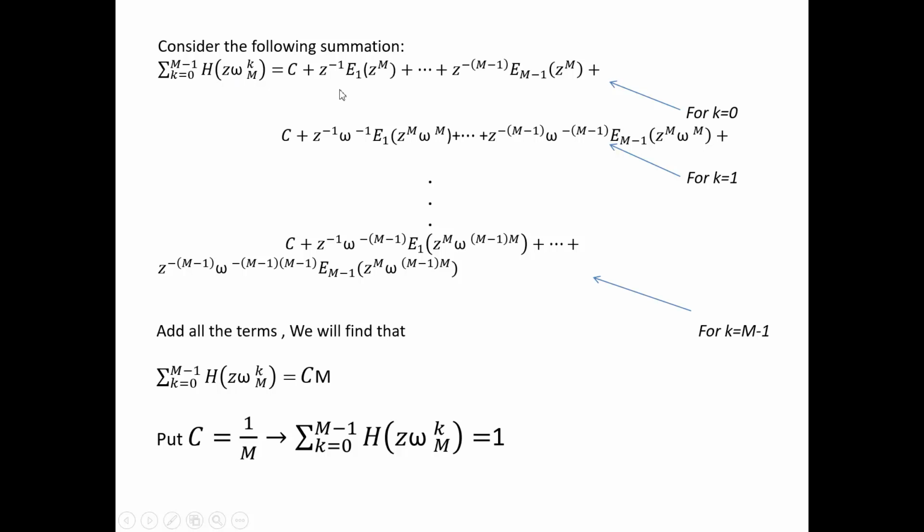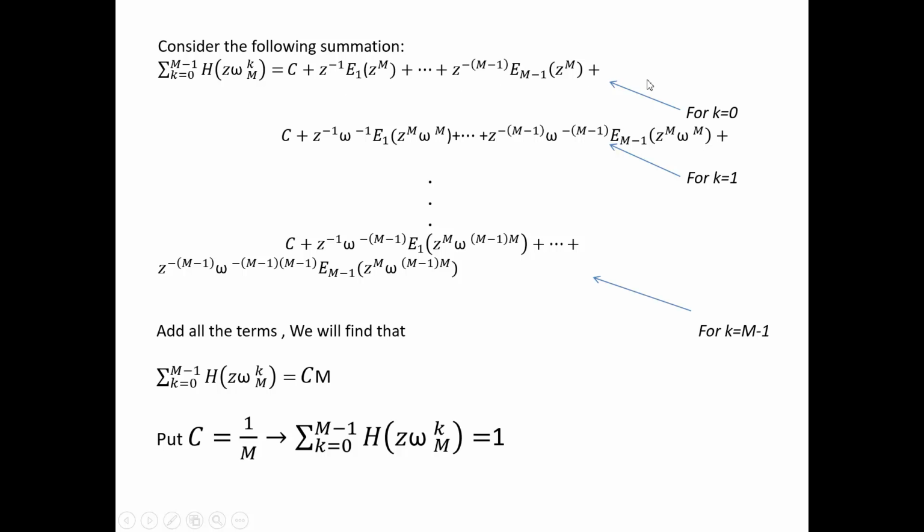Now, if we expand this factor for various values of k, and decompose the direct implementation of H into M polyphase components, then for k equal to 0 we will have M components, with the first component assumed equal to a constant.